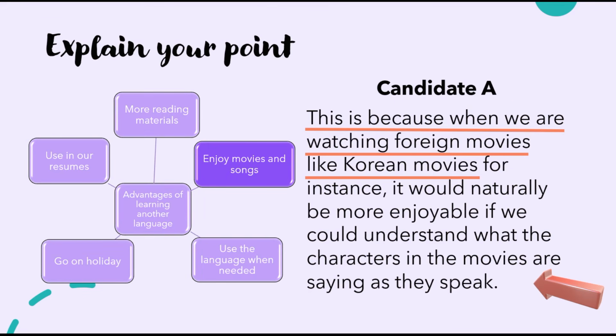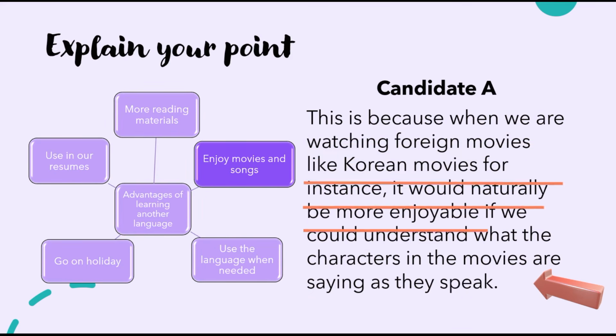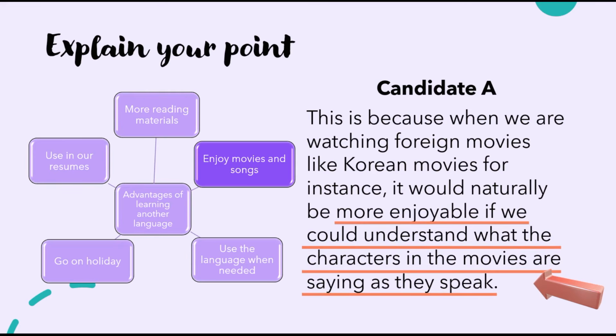This is because when we are watching foreign movies, like Korean movies, and in the second part of the sentence, the candidate then gives a reason why knowing another language would make watching a movie become more enjoyable. More enjoyable if we could understand what the characters in the movies are saying as they speak.